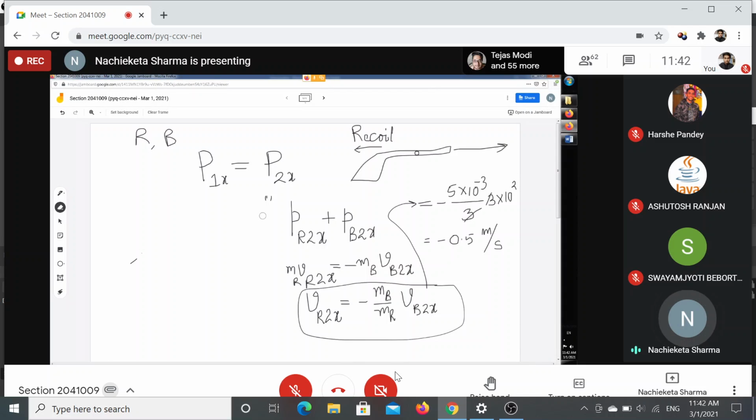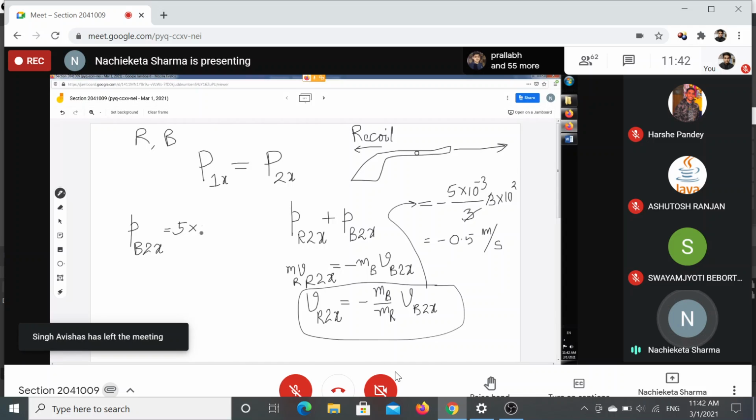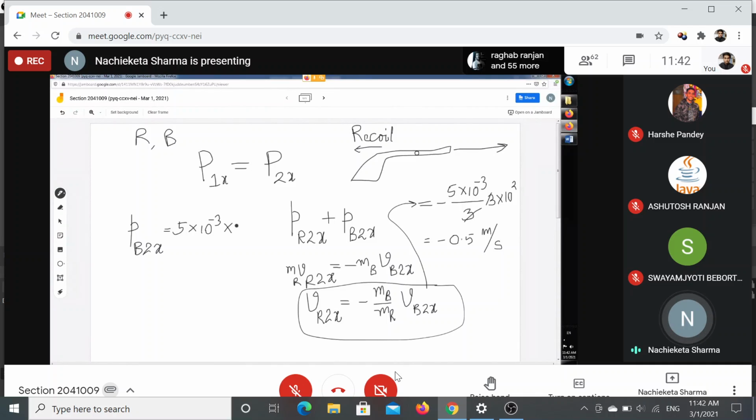So I can write PB2x, the final momentum of the bullet, is equal to the mass of the bullet, 5 gram, which is 5 into 10 to the power minus 3, into its velocity, which is 3 into 10 to the power 2, and the unit is kg meter per second.